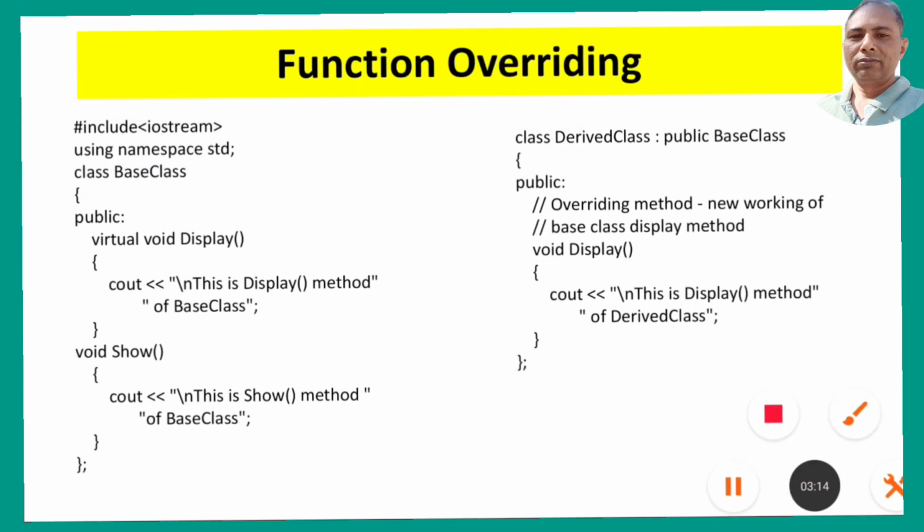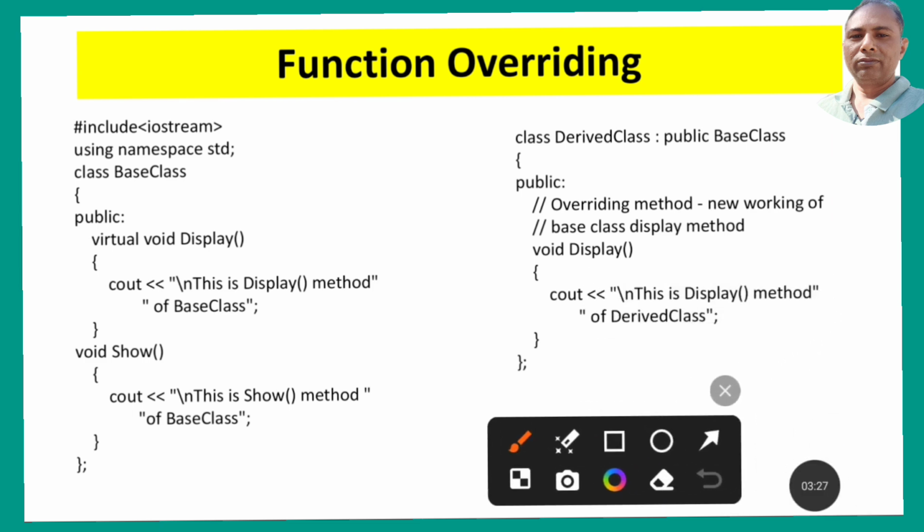Suppose we want to write a program in C++ for function overriding. We include the header file iostream and use the namespace std. Then we make one class, the base class.